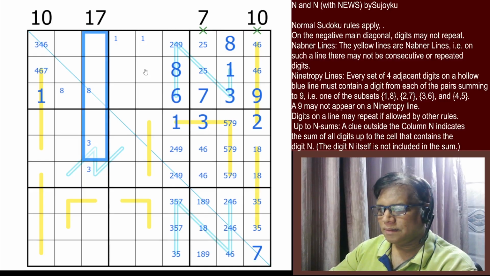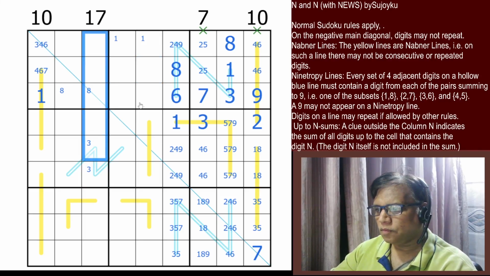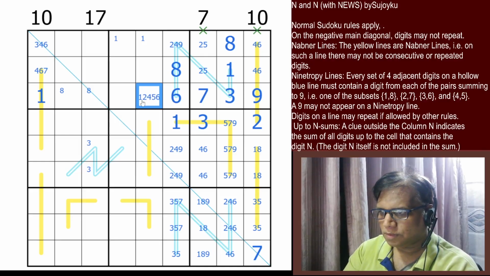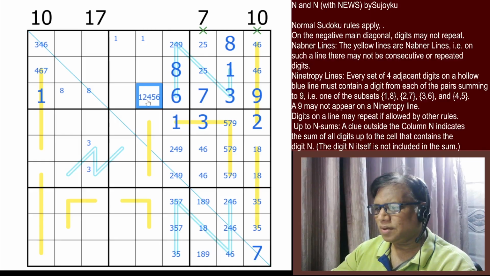See the 5 digits, right? 1, 2, 3, 4, 5 sums to 15. So without 3, what are the 5 digits? Without 3, we have 1, 2, 4, 5, 6, right? That sums to 18 if I am not wrong, because 1 to 6 is 21, 21 minus 3, 18. So yeah, that 3 is also not possible.